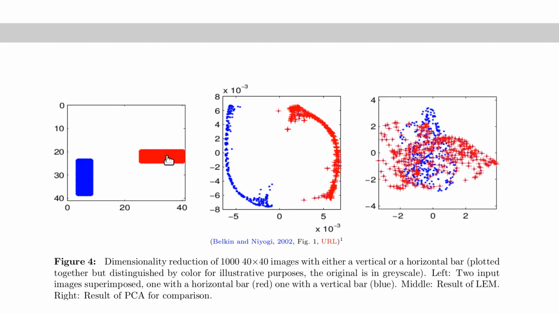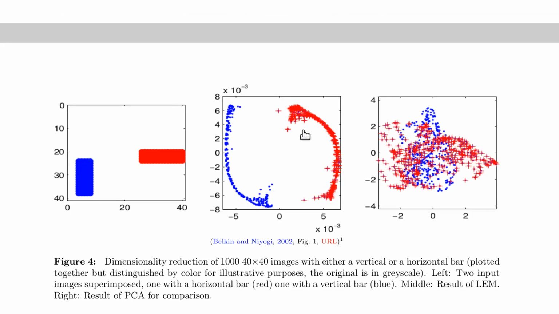If you now apply the Laplacian eigenmap algorithm on this with 2 dimensions, so you take the first 2 eigenvectors and plot the coefficients of these as 2-dimensional vectors in this plane, you see this structure, which reflects nicely that all the vertical bars form one group and all the horizontal bars form one group.